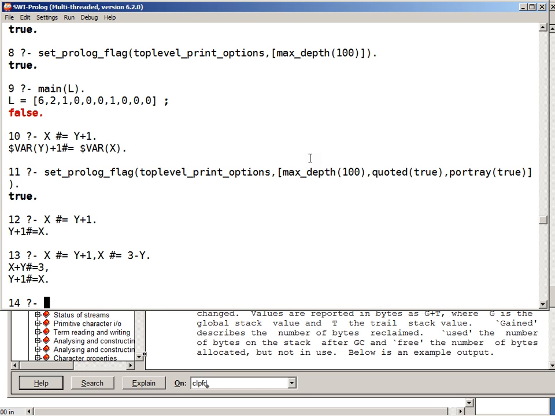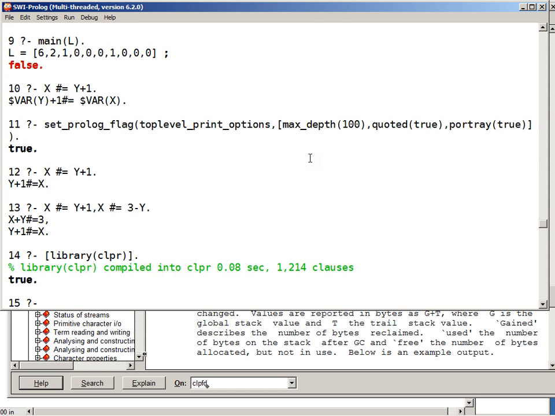And actually, let's see if we can do this right now. And hopefully they won't interfere with each other. So this library is a bit different, has a slightly different syntax.